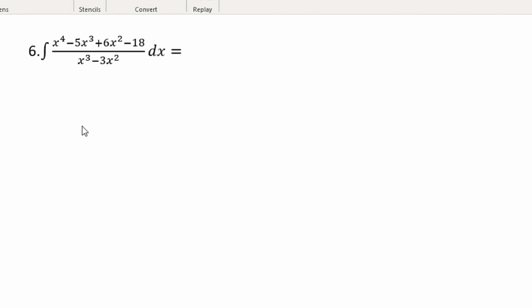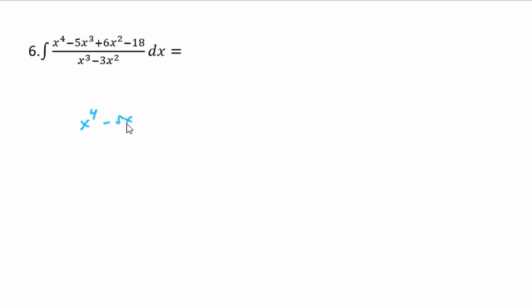So you can write here first x to the 4 minus 5x cubed plus 6x squared minus 18. I'm going to divide using long division, divided by x cubed minus 3x squared. The first term of the quotient is just x.